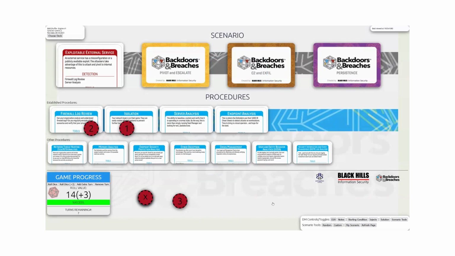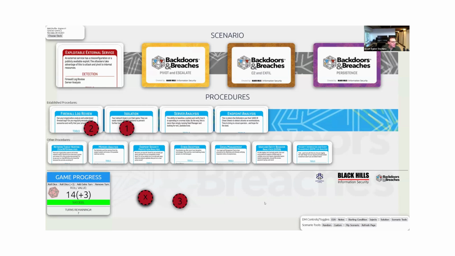I think server analysis again might help us identify any malicious executables or programs, processes rather, running on the server. Whereas the SIEM seems to be a low success rate given the information on the card. You have to be logging the right things and whatnot. True.